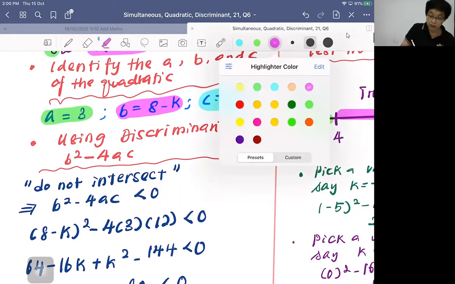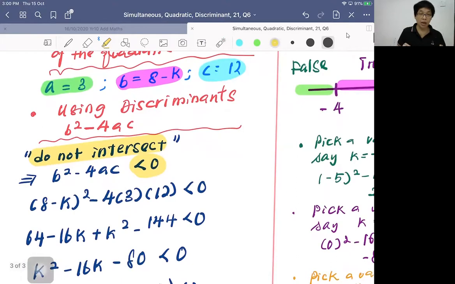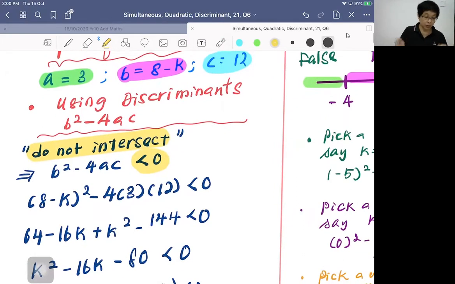All right, let's take here. When these two do not intersect, this is the clue. So the discriminant has got to be less than 0, which is a negative value. So what we do in this step, we just simply take the B squared minus 4AC.